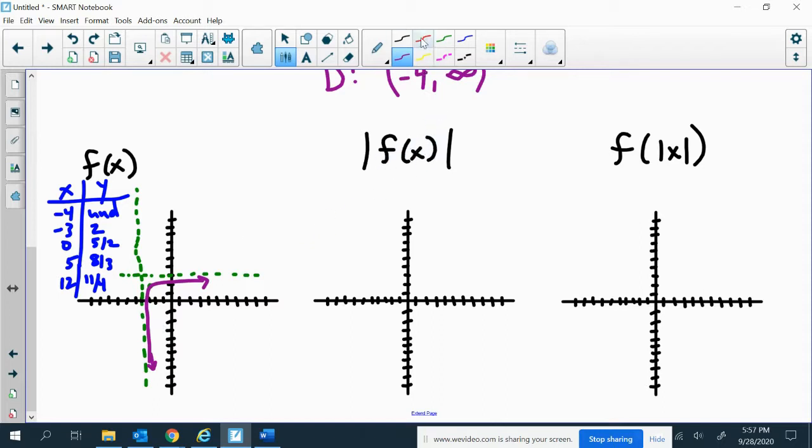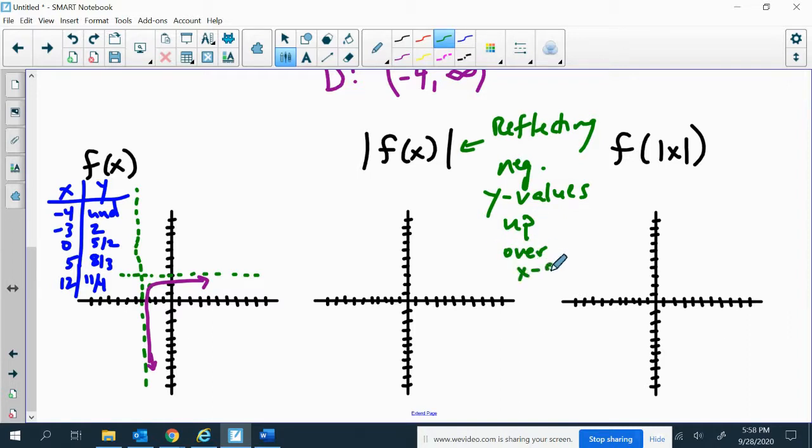So if I graph absolute value of f of x, once again, that is reflecting negative y values up to become positive y values over the x-axis. So what's going to end up happening is all of these values down here are going to reflect up and become positive. So I have this asymptote at y equals 3, and I have this asymptote at x equals -4.